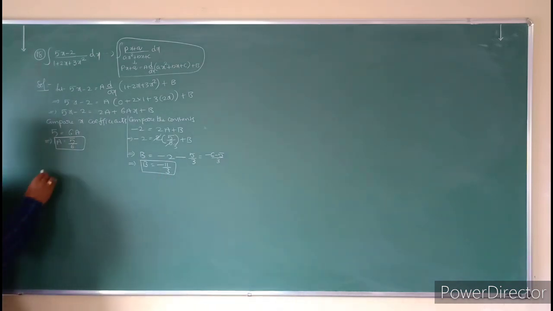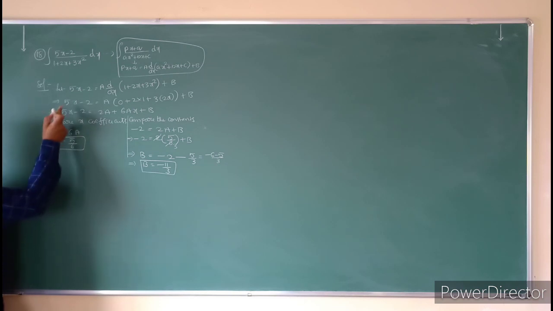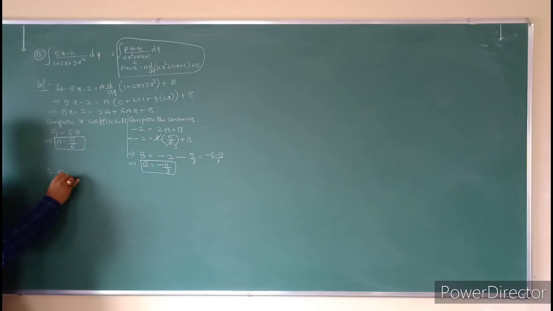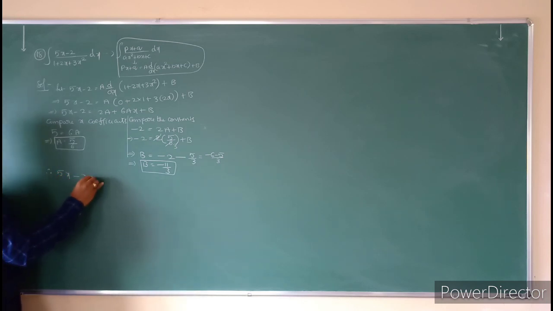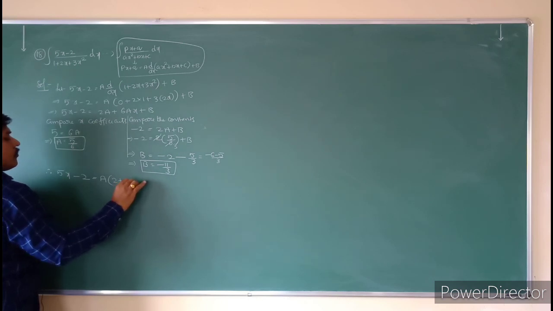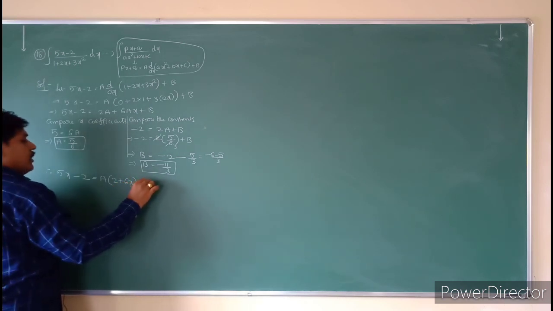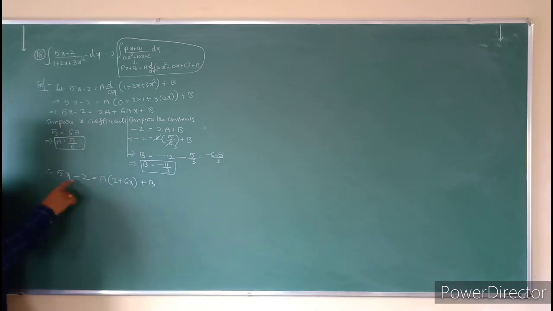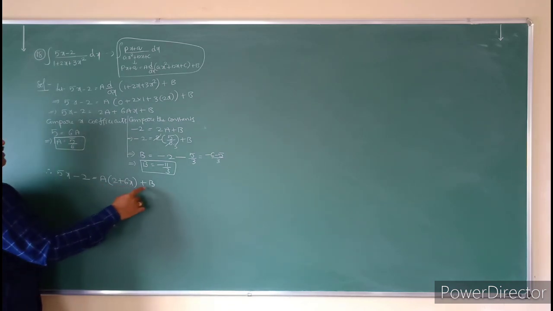So after getting this, therefore 5x minus 2 can be written as a into 2 plus 6x, plus b. 5x minus 2 is equal to a into 2 plus 6x plus b.